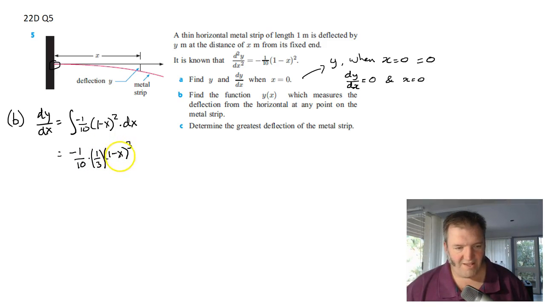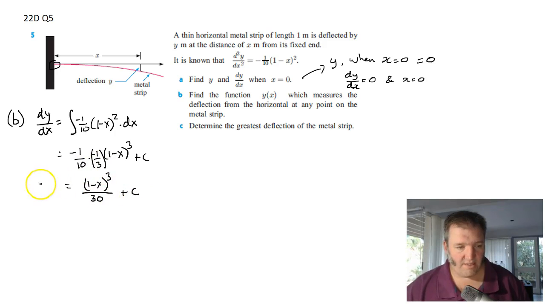And also the derivative of the inside of the brackets is negative 1, so I'd have to have a negative there to cancel that out, plus c. So the two negatives cancel out, and I've got 1 minus x all cubed on the numerator.